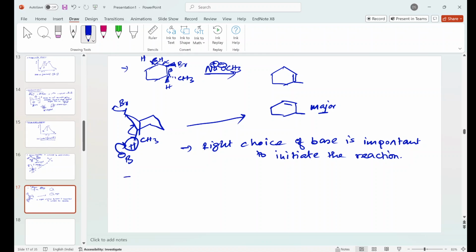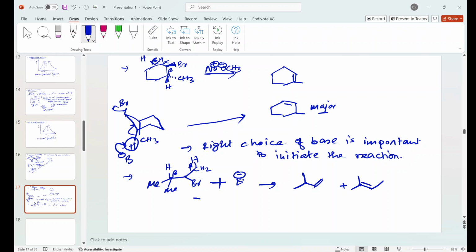Suppose for example you have a competition between the protons at two different sides. This is also beta, this is also beta. So when you are attacking with some base, it can give you two products. One is this one, and one is the more substituted one.